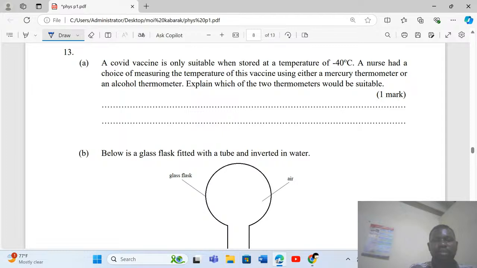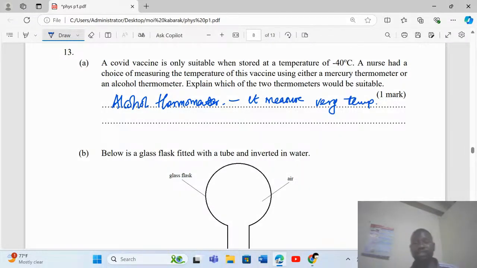Of course, she went for the alcohol thermometer, and it is because it can measure very low temperature. And you're also supposed to be more specific. Remember, this one can measure up to negative 115 degrees Celsius, whereas mercury is only up to negative 39.